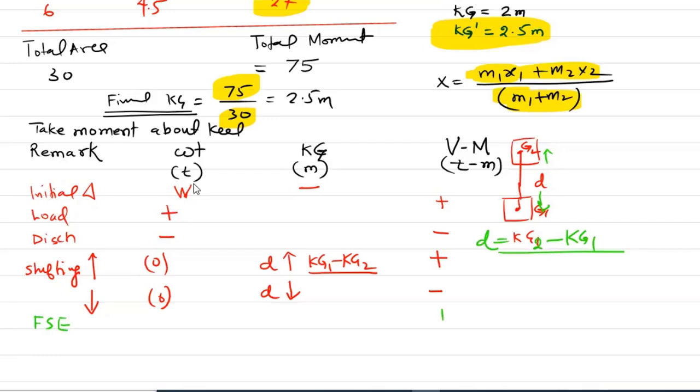That is called free surface moment. This free surface moment is already included, it is already given in the picture, and it has the tendency to decrease the GM. So what will happen to KG? The KG will shift.